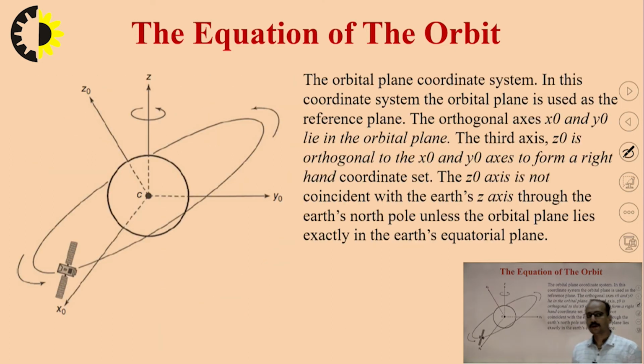You can see here that it is not fixed that the satellite will always rotate in the equatorial orbit or in some other orbit. This equation actually comes from the satellite's orbit of rotation. So in this diagram you are taking another coordinate system, that uses the orbital plane as the reference plane.